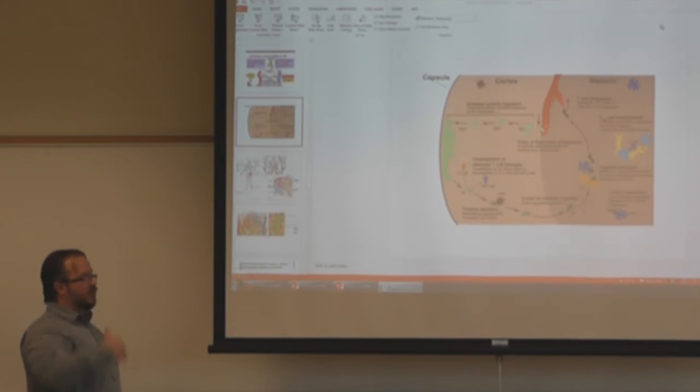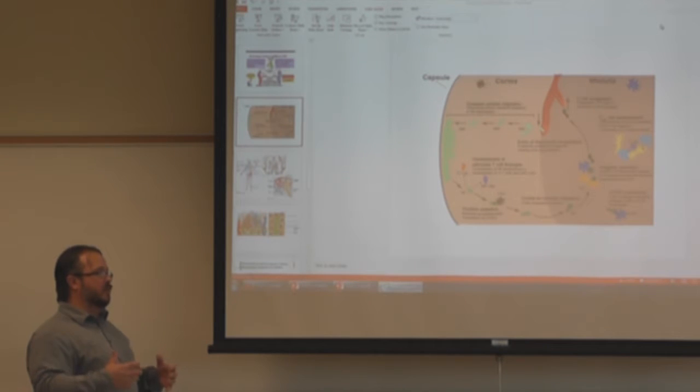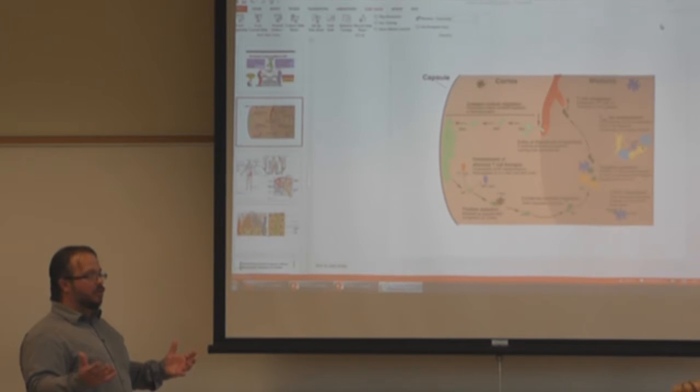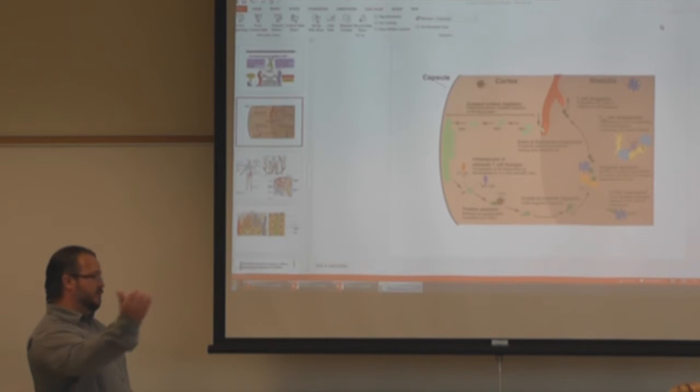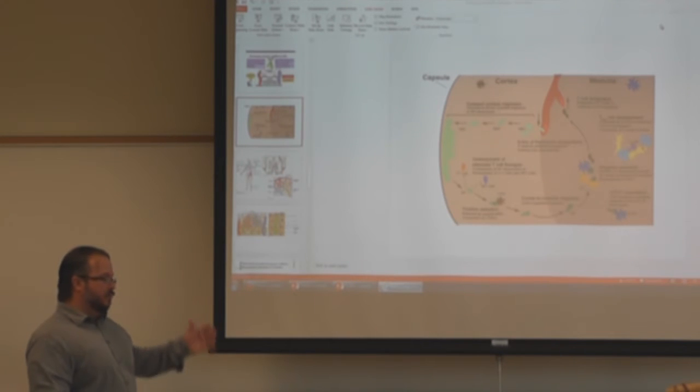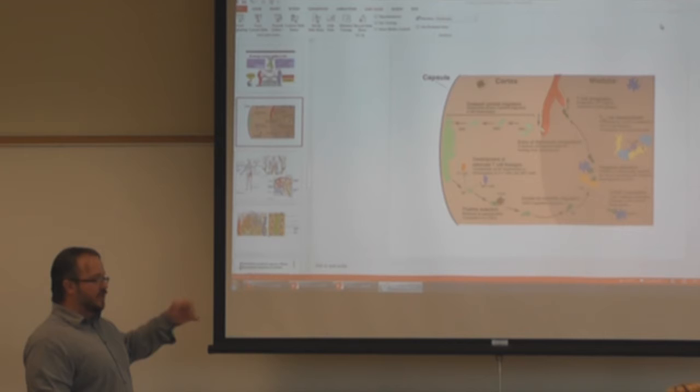And understanding these types of things, that's what researchers are trying to do, is how do we induce a suppressive response? How do we induce tolerance? And most of the time we study how we normally induce tolerance, and can we replicate that? I mean, allergy shots are an attempt to do that.